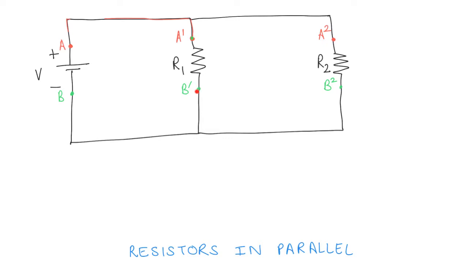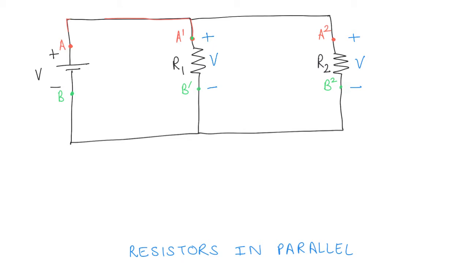But the voltage at A1 and B1 is exactly the same as the voltage at A and B respectively, and therefore the voltage across R1 is V. Similarly, the voltage across R2 is also V, and the voltages across all these three components is exactly the same voltage, and therefore they are said to be in parallel.